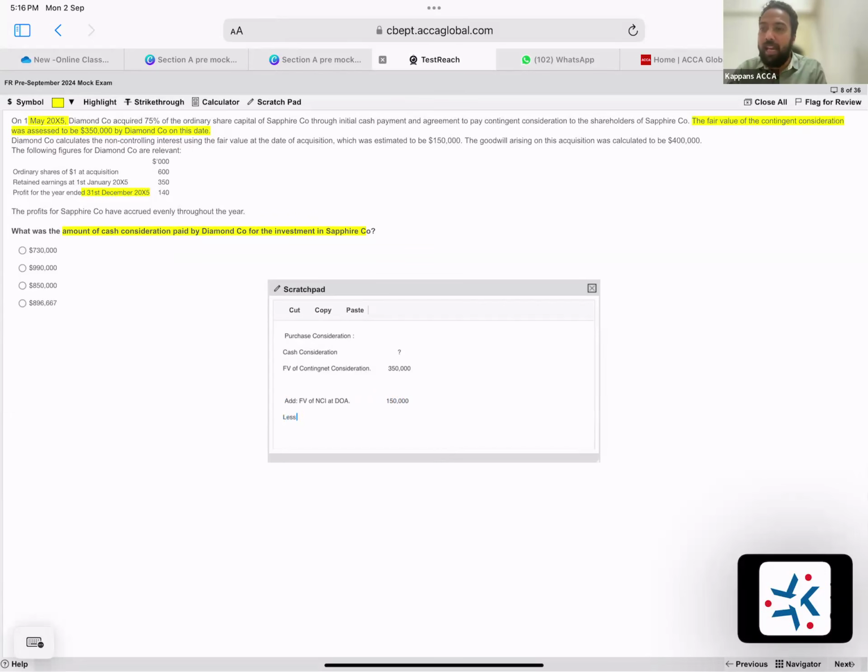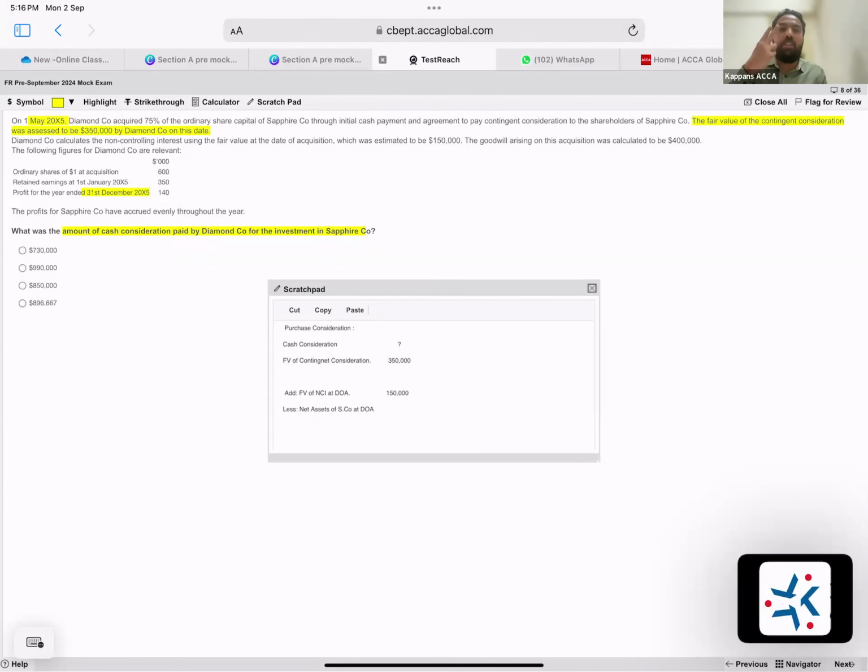Then less net assets of subsidiary company at date of acquisition. So how do you calculate net assets of subsidiary company at date of acquisition? We have share capital, share premium, retained earnings, revaluation surplus, any fair value adjustment, etc.